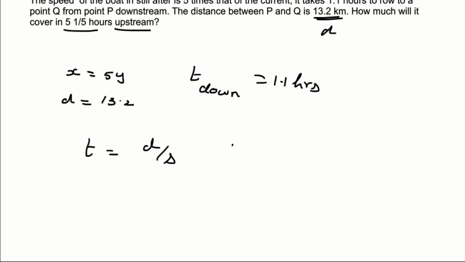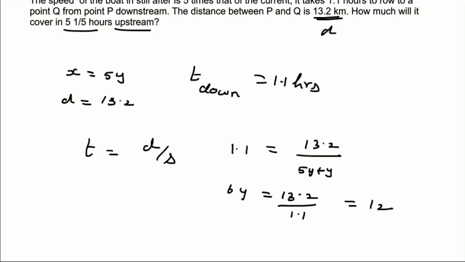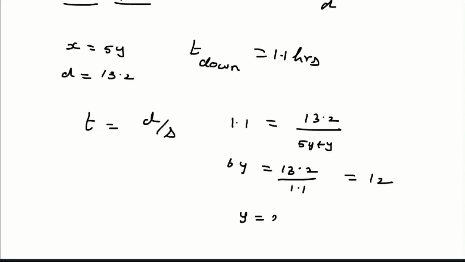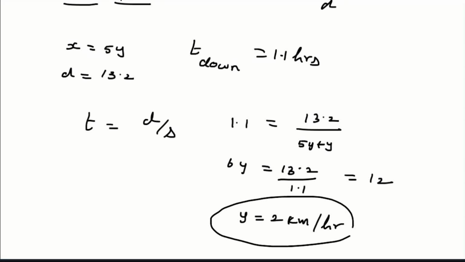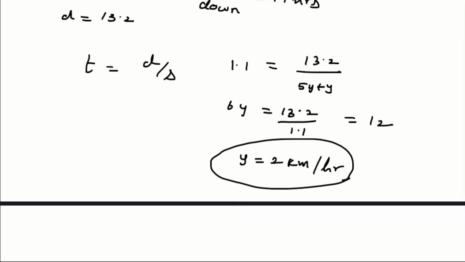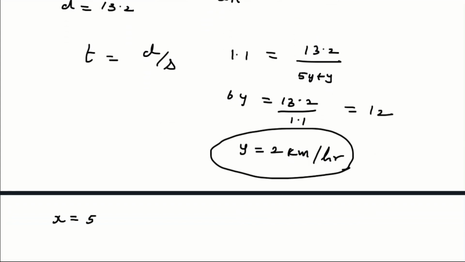So I can write 1.1 is equal to 13.2 by the relative speed downstream, which is x plus y, that is 6y. So 6y is equal to 13.2 divided by 1.1, which is 12. So I get speed of the stream as 2 kilometer per hour. It is already given x is 5y, so x is equal to 5 times y, which is 10 kilometer per hour.